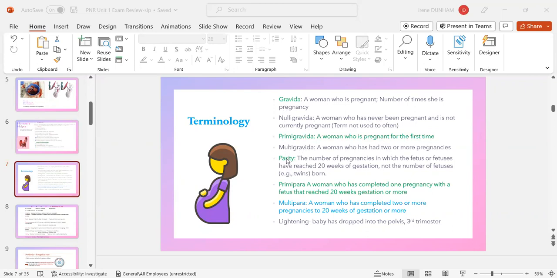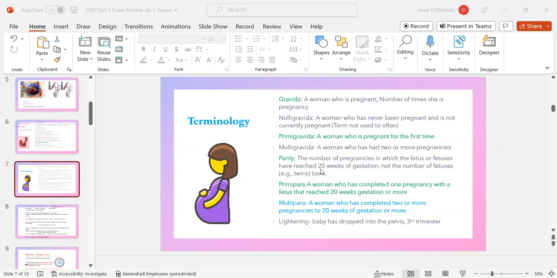Now, parity is the number of pregnancies in which the fetus or fetuses have reached how many weeks? 20 weeks of gestation. Now, 20 weeks is viability. So again, the number of pregnancies in which the fetus or fetuses have reached 20 weeks. Remember, it is not the number of fetuses, like twins.